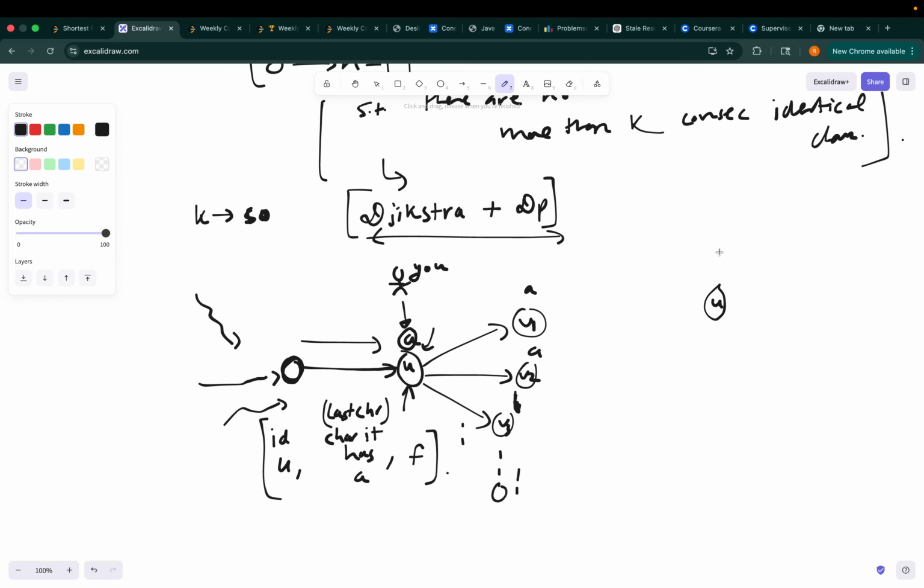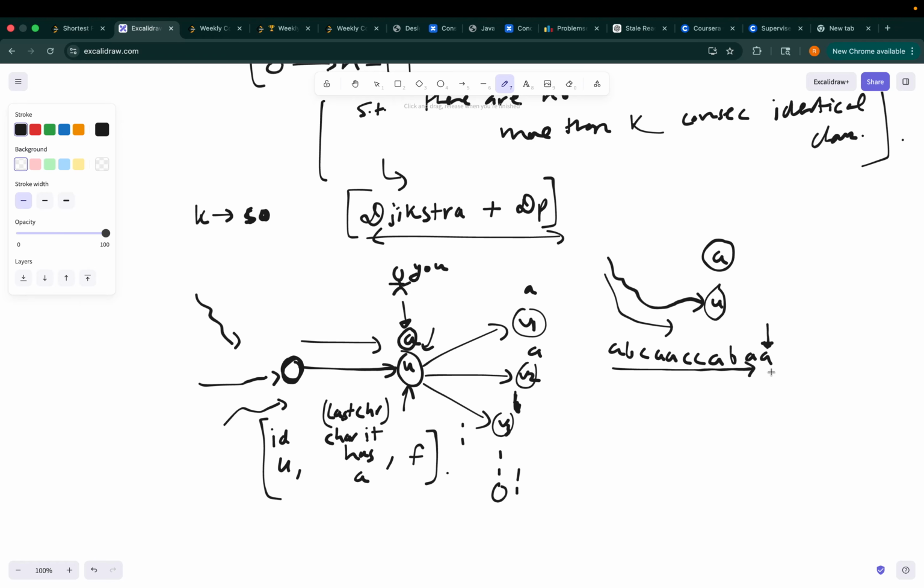Obviously you might have come to this state from somewhere, through some path. Let's say the path was A, B, C, A, C, C, A, B, A, and A. You're standing here, let's say you came through this path.